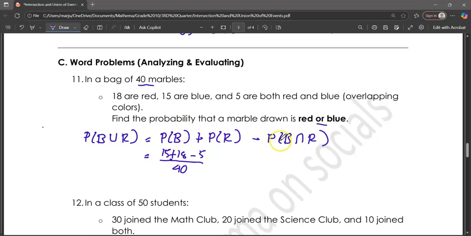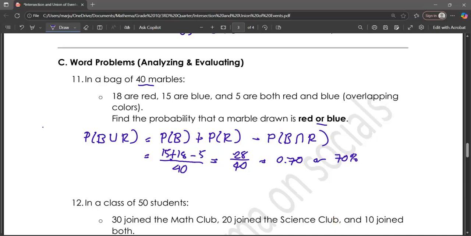So that's using this concept. So that's 40 in total. So ilan yan lahat-lahat? This is 28 over 40. And since we are asked of the probability, we are going to divide 28 by 40. So this is just 0.70, or again, that is 70%.